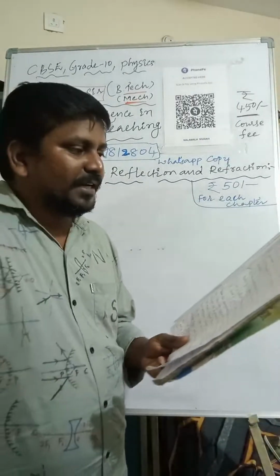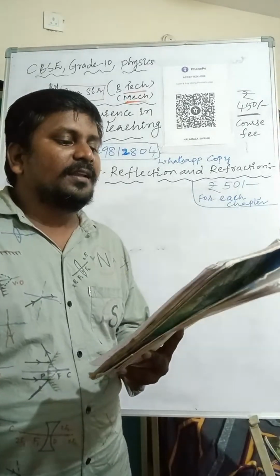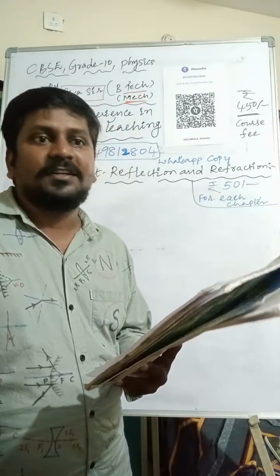Define reflection of light. State laws of reflection of light. Define regular and irregular reflection of light. First one, define reflection of light.